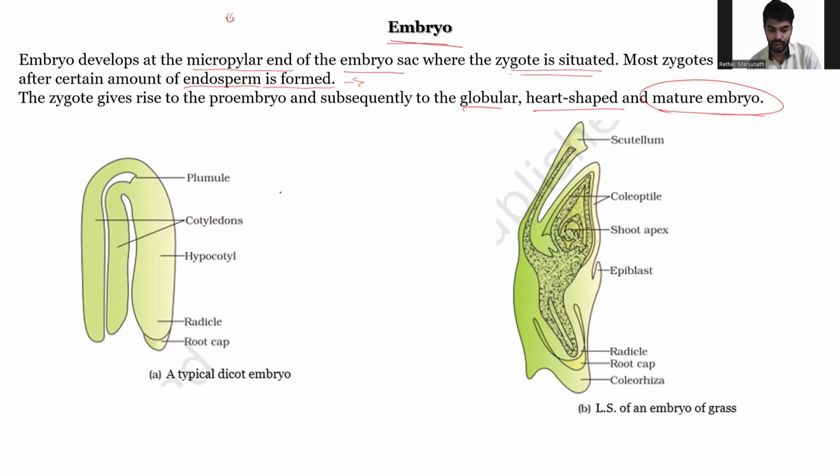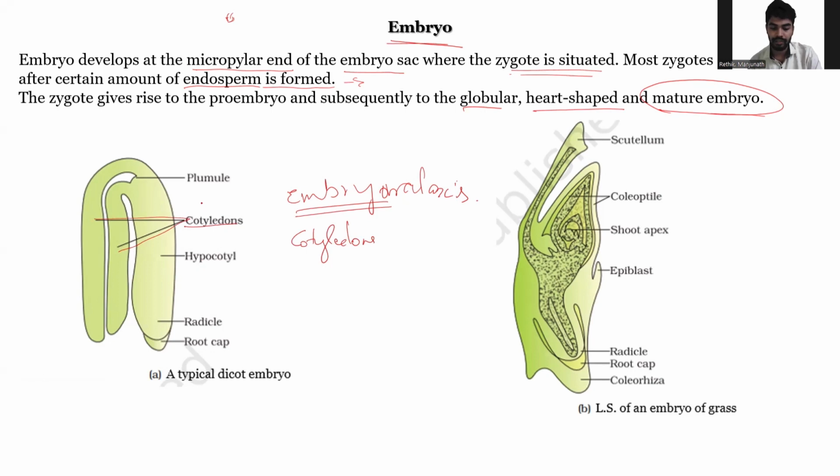the embryonal axis and two cotyledons. So here it is, you can see this, right? Two cotyledons are there in the dicot embryo.